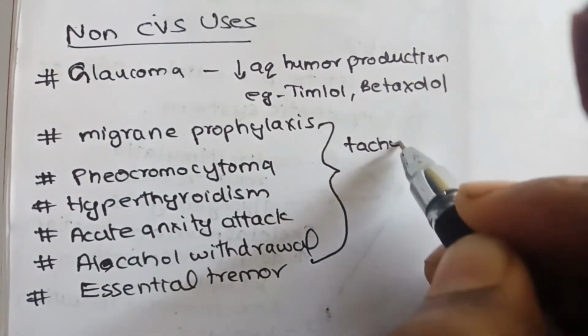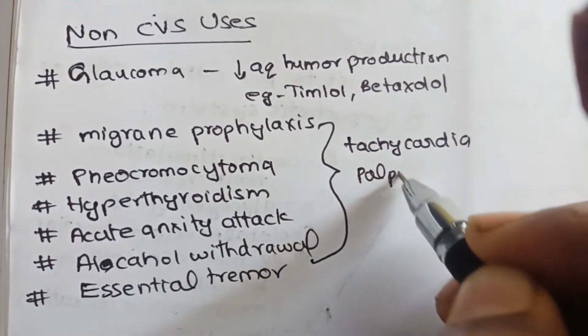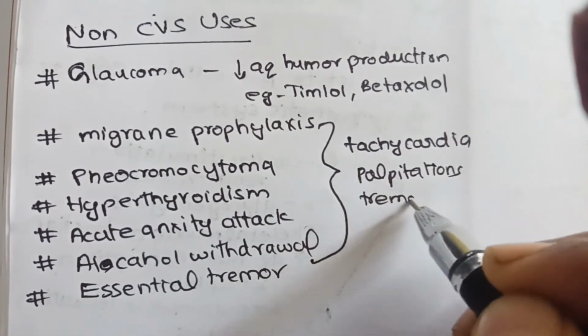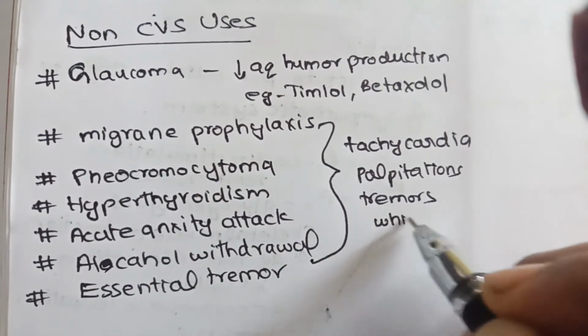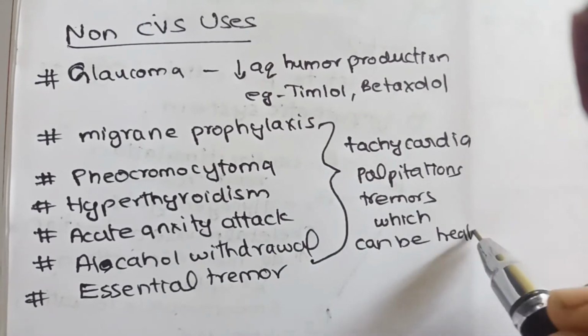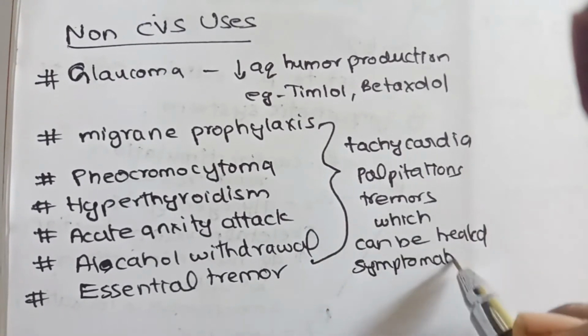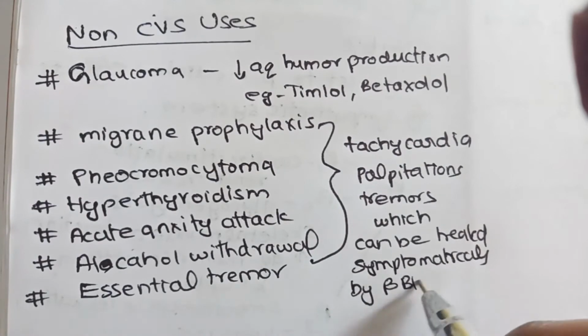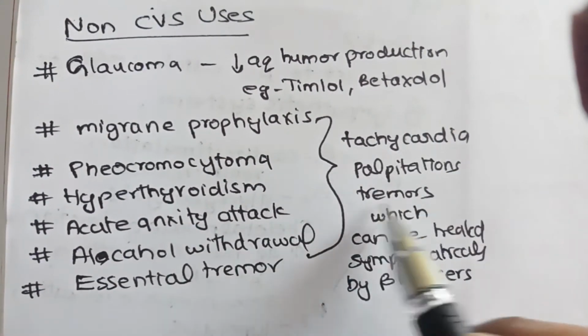So why are they used? Because in many of these cases there will be tachycardia, palpitation, tremors, and all of this can be treated symptomatically using beta blockers.